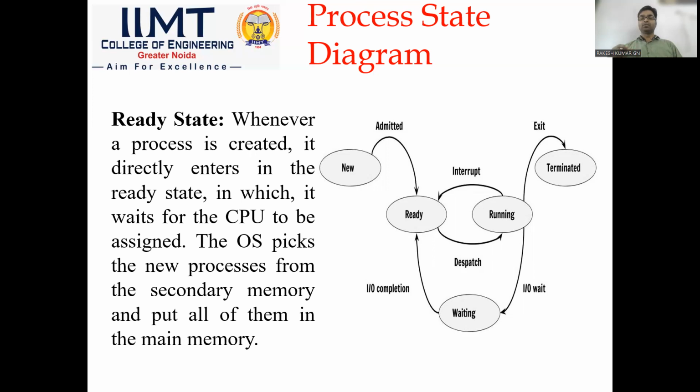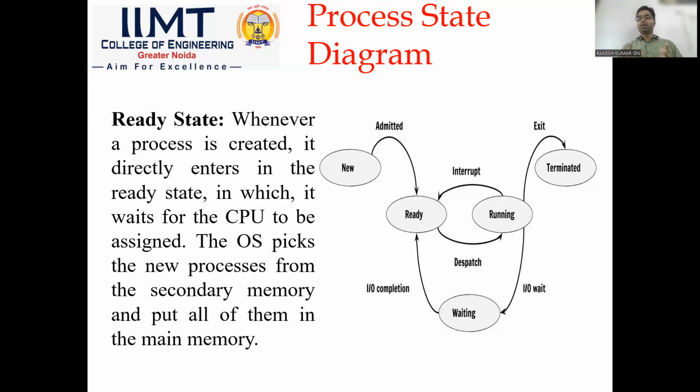In the ready queue, it waits until the time that process will get a resource. The OS picks the new process from secondary storage, as I've told you, and puts it into the main memory.